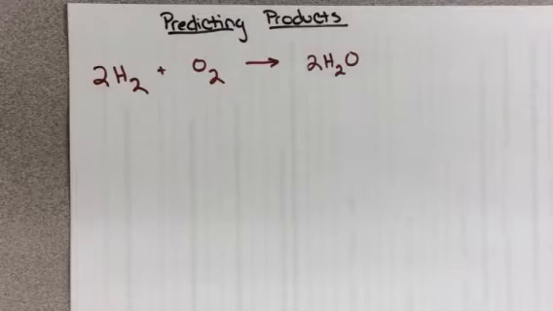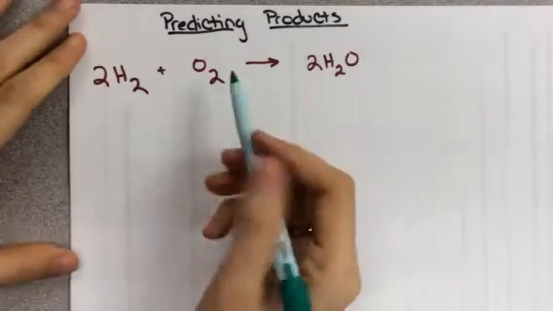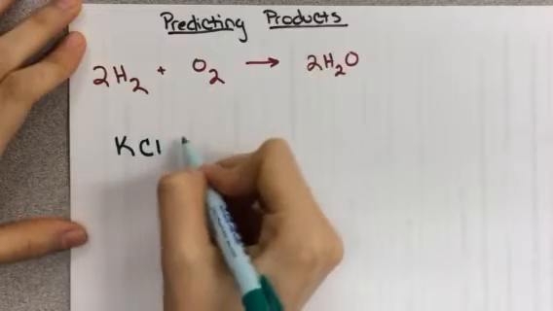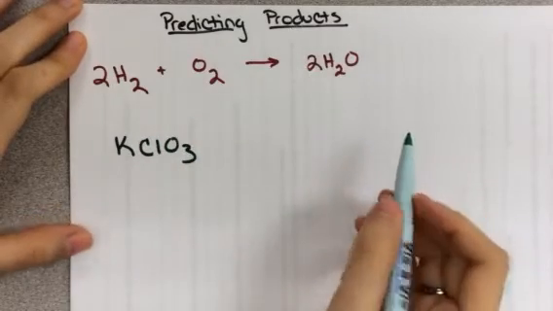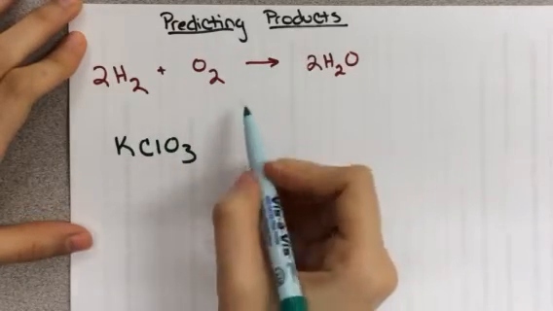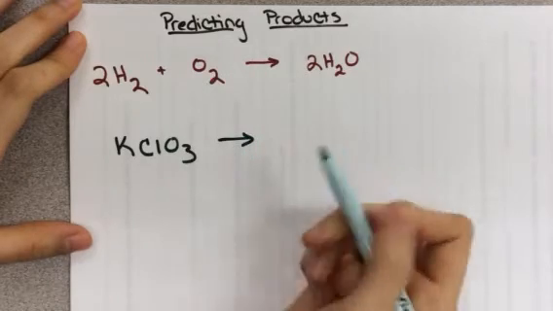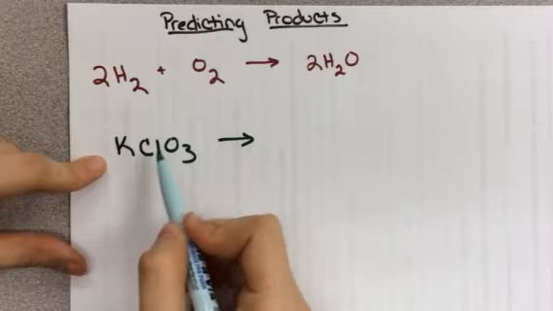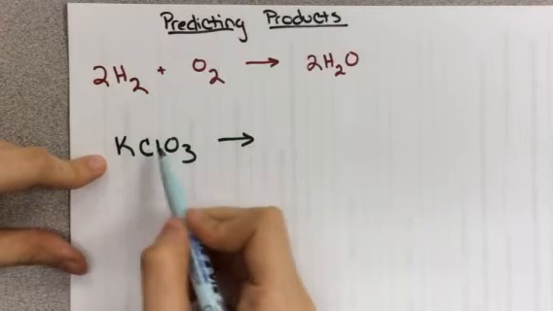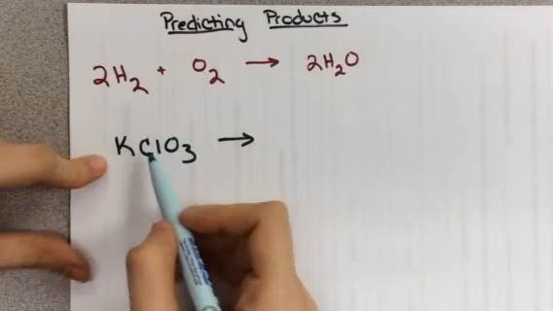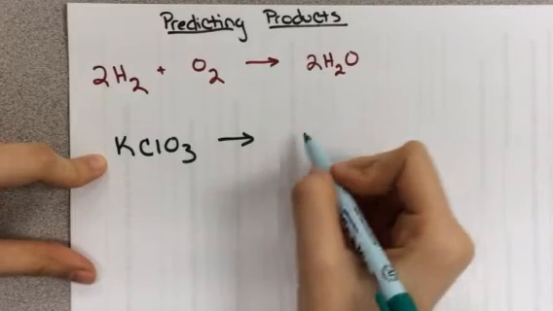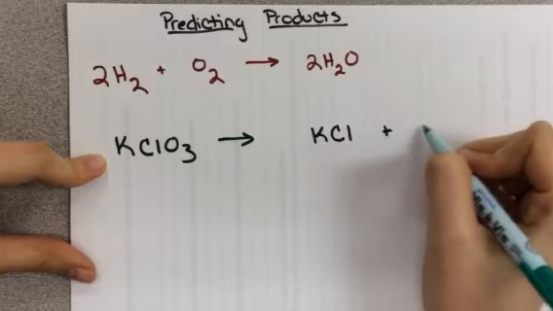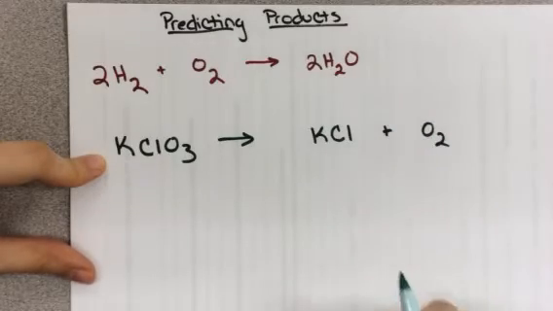Let's look at a decomposition reaction where you have potassium chlorate. Now, in general, I will actually just write out something like this because it would be rather difficult for you to know that this particular compound dissociates into potassium chloride and oxygen gas.